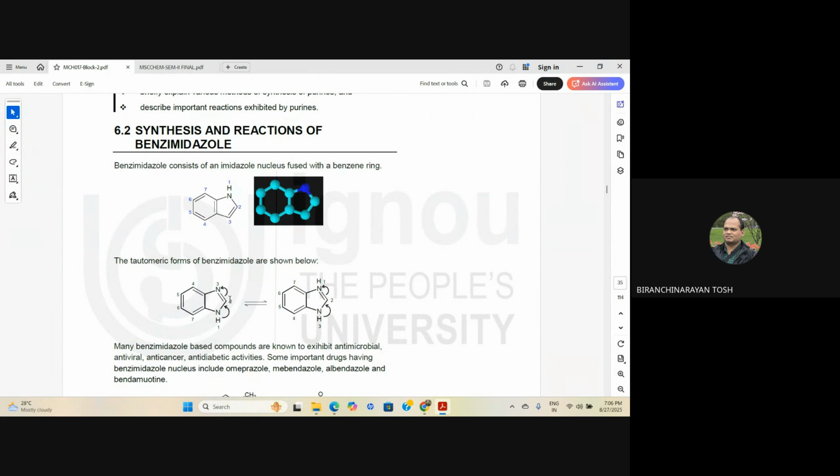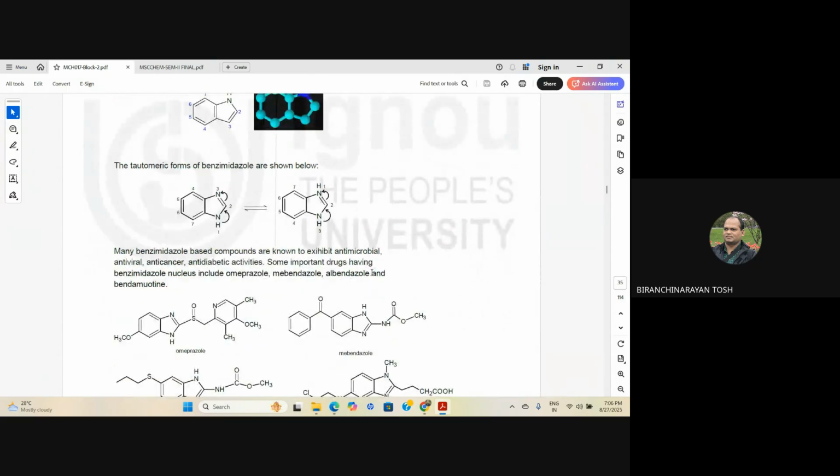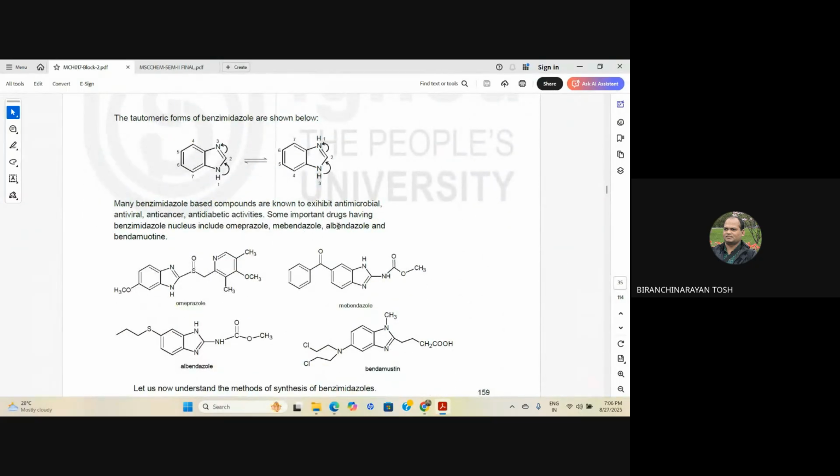This one, benzimidazole, is in the tautomeric form. You can see so many benzimidazole-based compounds are also known, which have antimicrobial, antiviral, anti-cancer, and anti-diabetic activities.